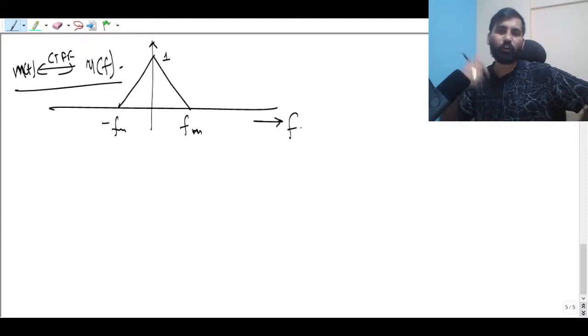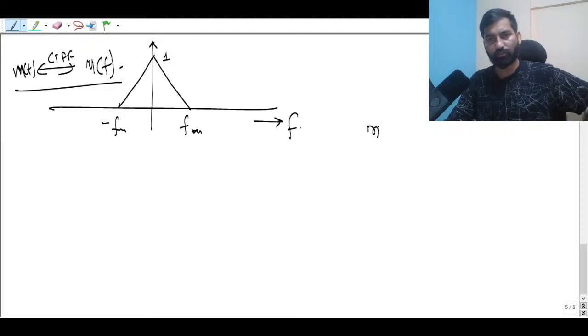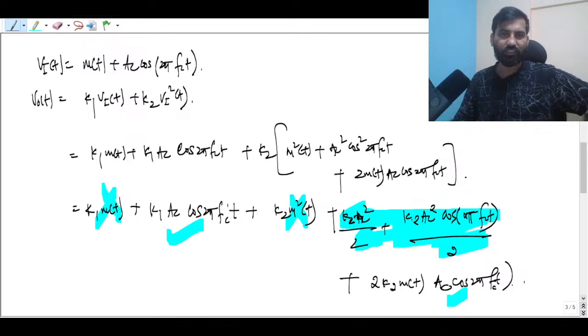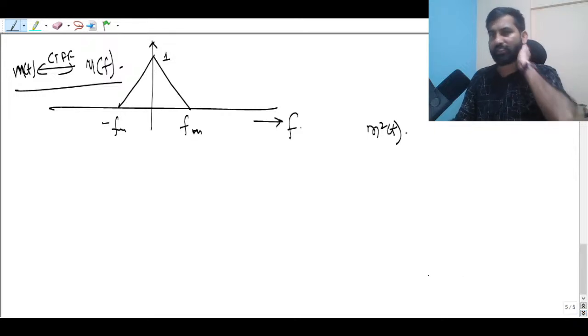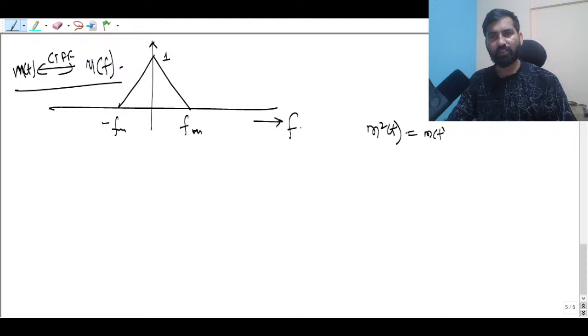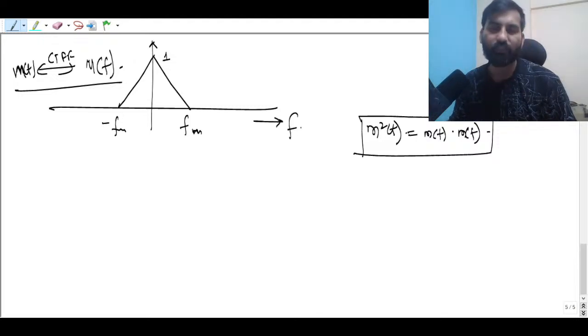Suppose you want to find out the Fourier transform of m square, because in the process you might have seen there is an m square kind of term. What is the Fourier transform of m square? M square is nothing but mt into mt, and we know that multiplication in the time domain corresponds to convolution in the frequency domain, right?